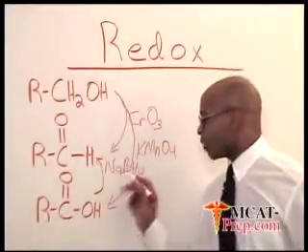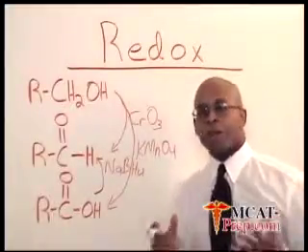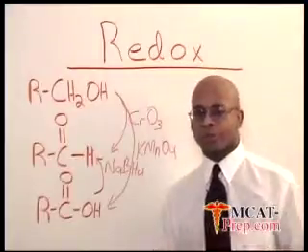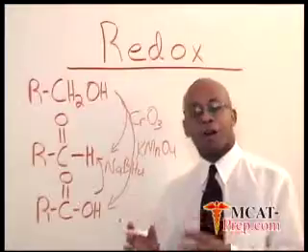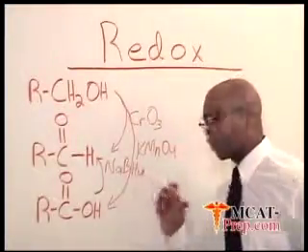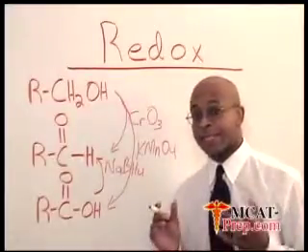NaBH4 is sodium borohydride. Now you may remember from general chemistry that a hydride is an unusual substance because it's the exception to the rule of all hydrogens have an oxidation number of +1. In a hydride, the oxidation number for hydrogen is -1, and that's exceptional.